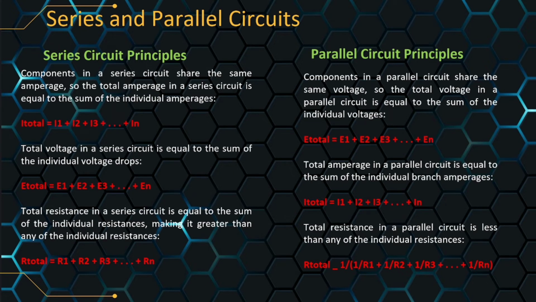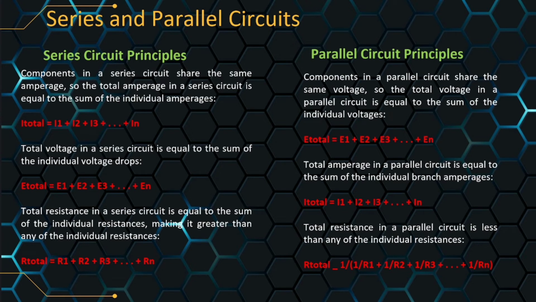So E total is equal to E1 plus E2 plus E3 and so on. Total resistance in a series circuit is equal to the sum of the individual resistances, making it greater than any of the individual resistances. So R total is equal to R1 plus R2 plus R3 and so on.